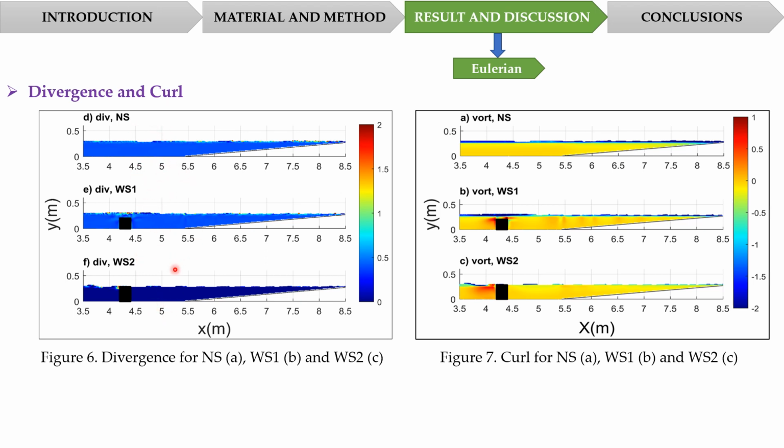However, in curl, when we increase the structure height, we can see the magnitude of curl or velocity increases. This meaning is opposite to divergence.